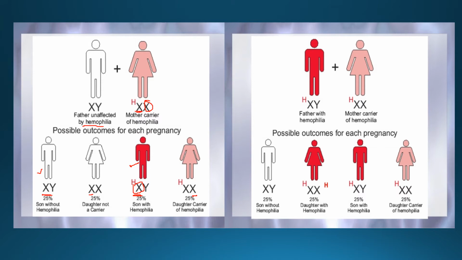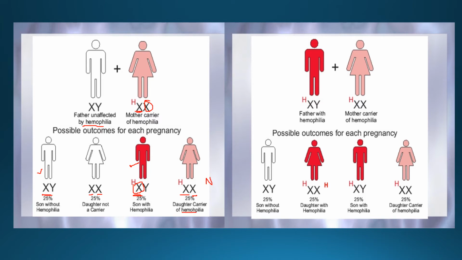The other X chromosome is inherited from the mother. One girl has inherited the normal one, but the other girl has inherited the mutant hemophilia gene from the mother. So she is also normal, but she is a carrier for the hemophilia gene.